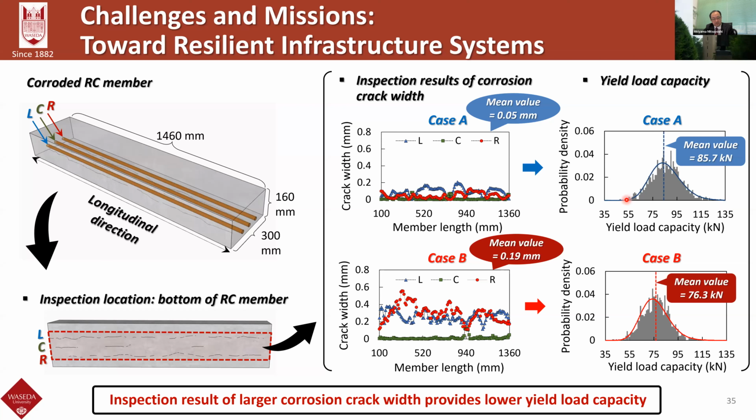As I mentioned, we consider many kinds of uncertainties. The final result is the probability density function of flexural capacity. And after estimating the probability density function, we conducted the loading test, and the loading test result is very close to the mean value. However, it should be noted that a loading test result cannot always provide a yield load that is close to the mean value.